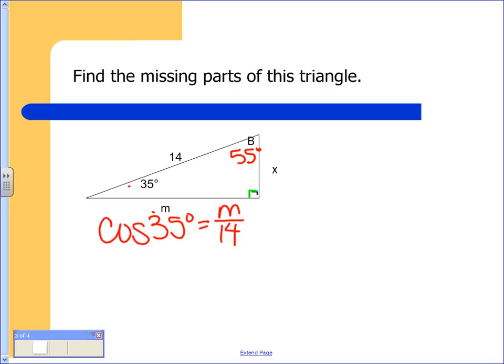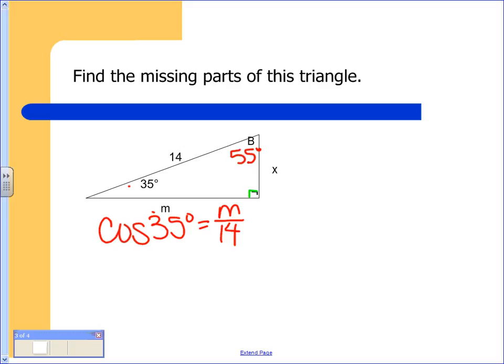Well, if you use tangent of 35, what would you get? No, look on the problem. If you use tangent of 35, what would you have? Look at the picture. If you use tangent of 35, what would you have? You're not, Miranda, look at the picture. What would it be?